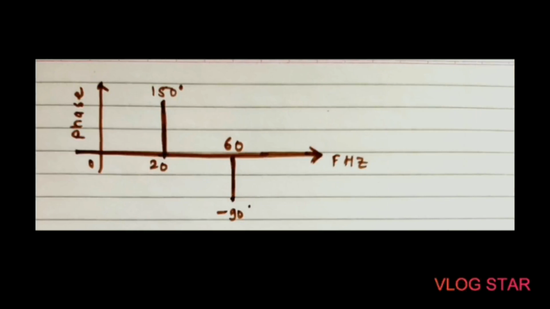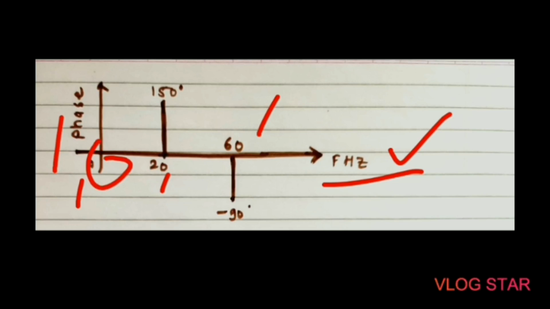In the second case we have to draw the phase spectrum. On the x-axis we again take the frequency parameter, but on the y-axis we use phase. So on frequency f, we express the frequency as 0 hertz, 20 hertz and 60 hertz. Then we plot the phase of the respective frequency component. At 0 hertz there is no phase shift.